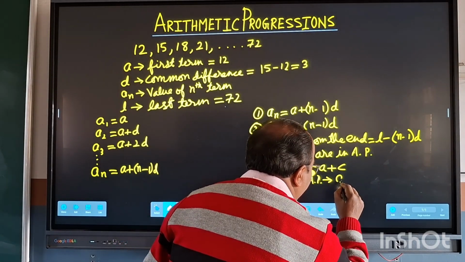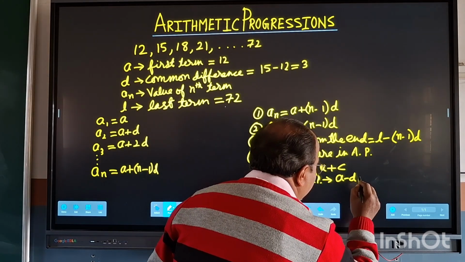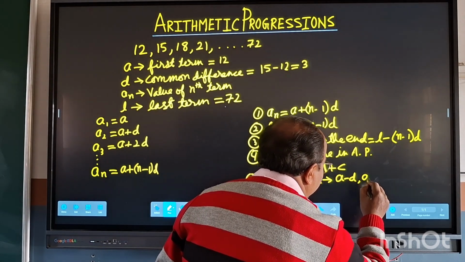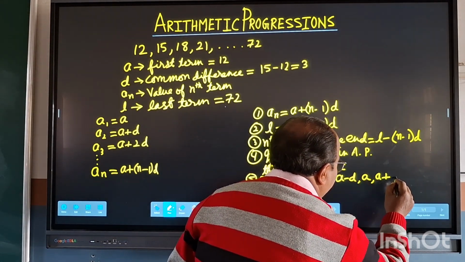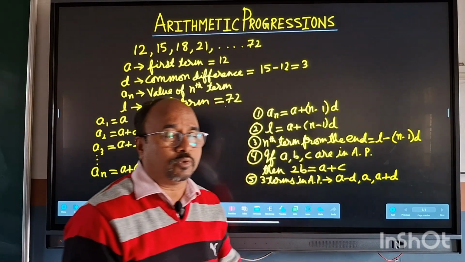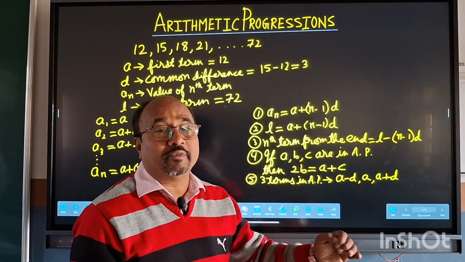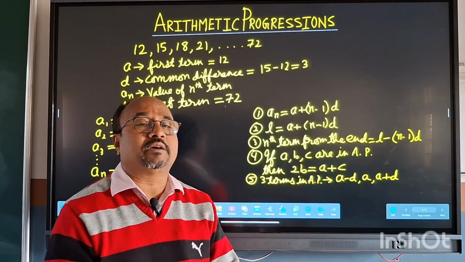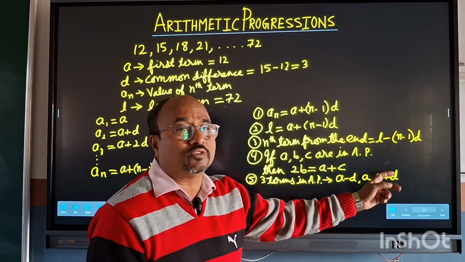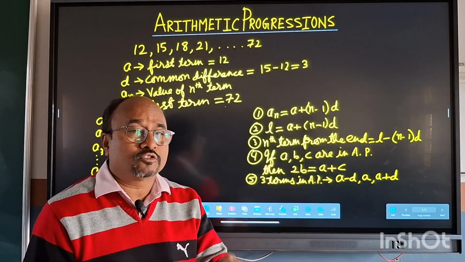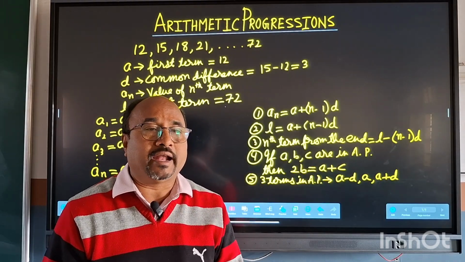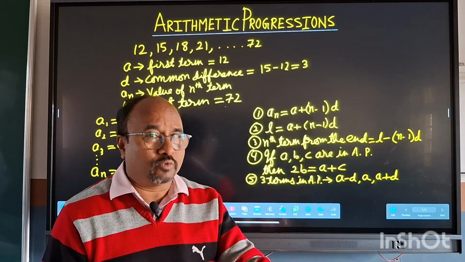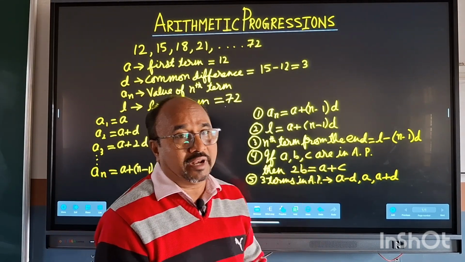We will take the first one as A minus D, the second one as A, and the third one as A plus D. In this way, I have kept their common difference as D, but the benefit is there. If we are given the sum of those three terms, if you add this, you can see D will get cancelled. So the value of A you will get, and that will help you in knowing one of the values quickly. So that is why we assume like this.